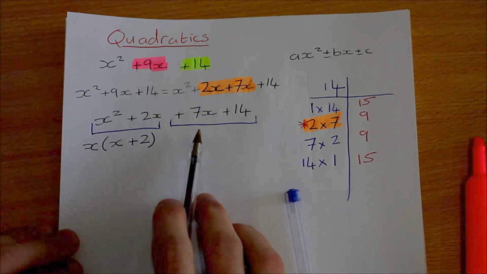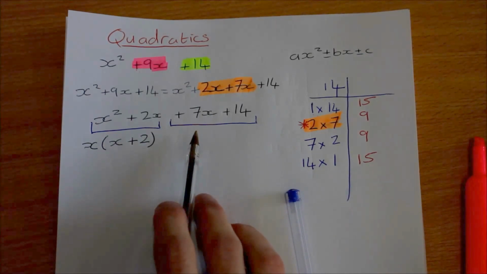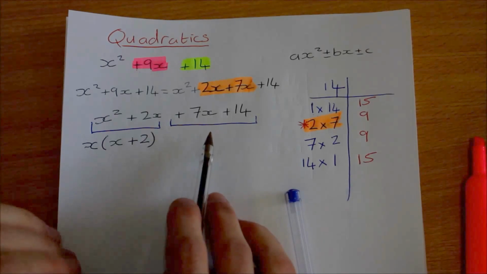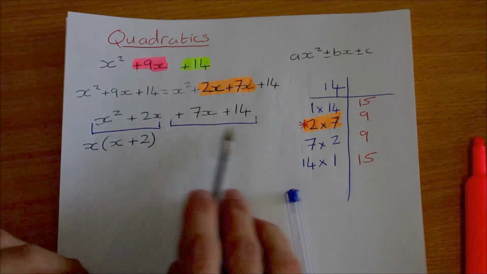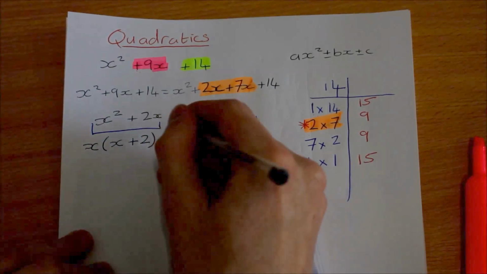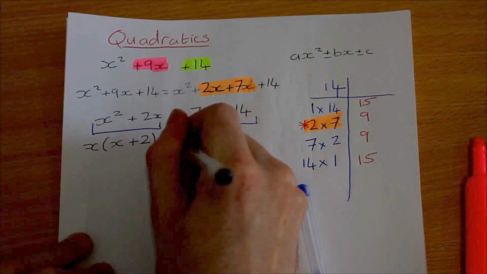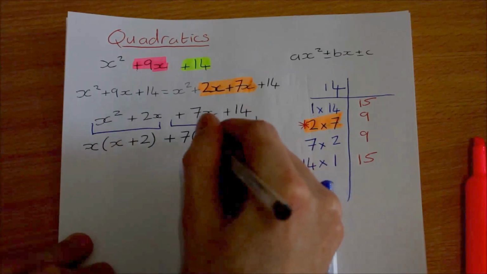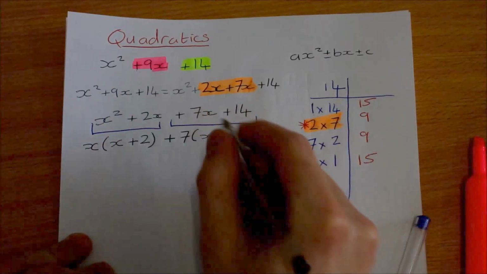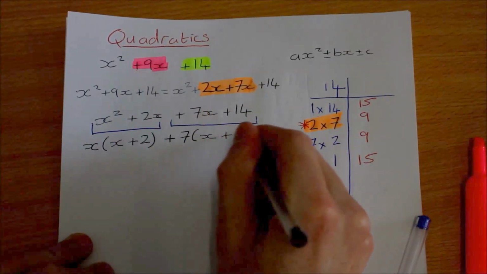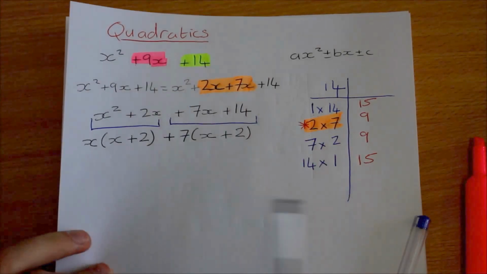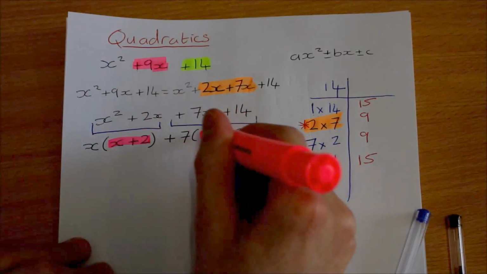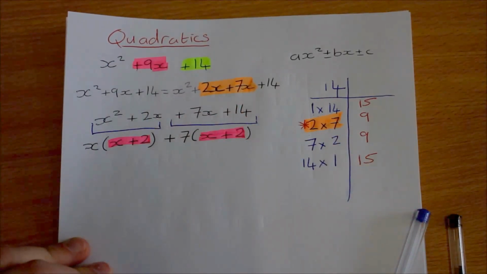On this side, again we ask ourselves the question, is there any common constants? There is 7. Is there any common variables? In this case there isn't. So we take a plus 7 out from both sides. So 7x divided by 7 is just x. 14 divided by 7 is plus 2. Now, you will notice that this here and this here are the same, which is what we expected.